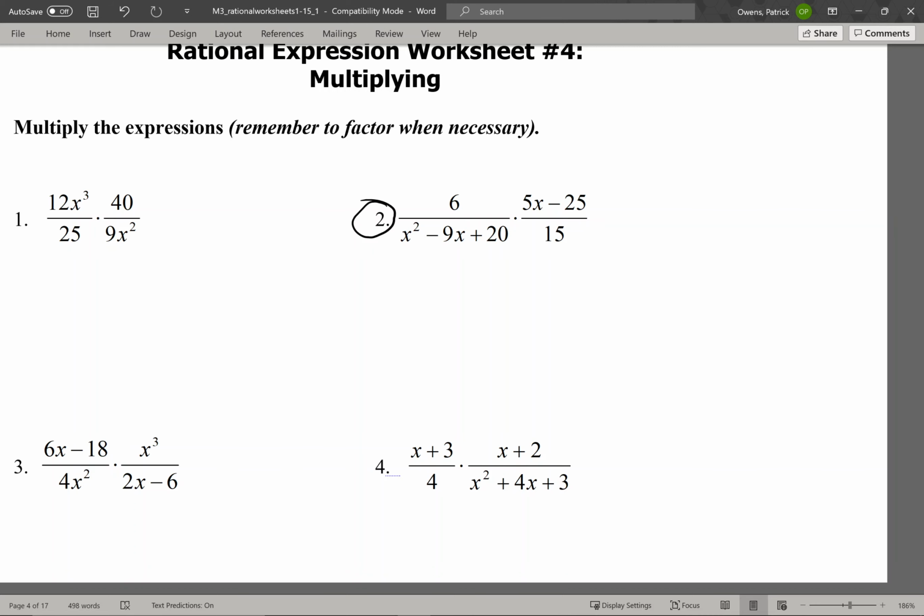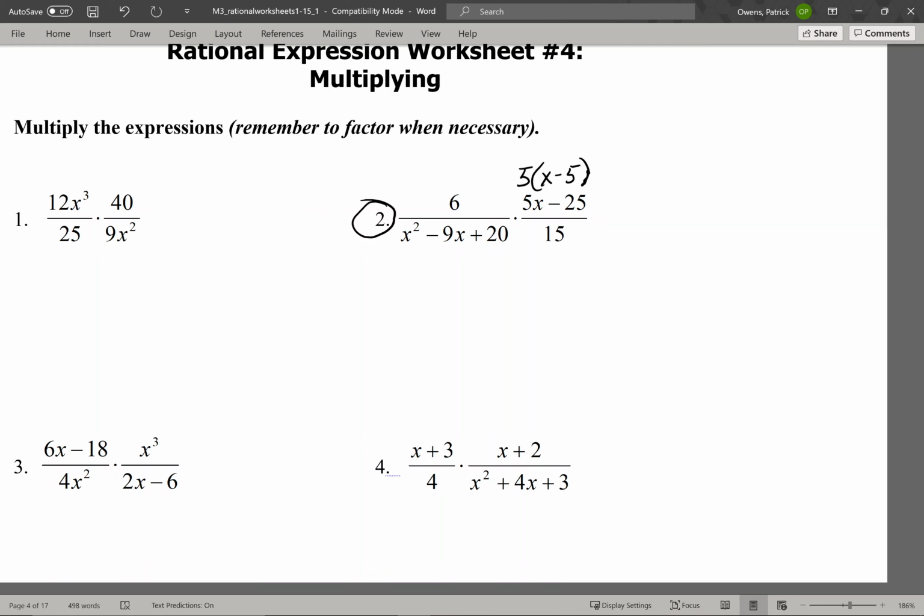So in this case, with number 2, nothing we can factor out of 6 and 15 because they're individual terms as far as the factoring we're going to do in this step. But we take a look at this 5x minus 25. We always want to look for common factors first, because then that will help us even in some of the larger values.